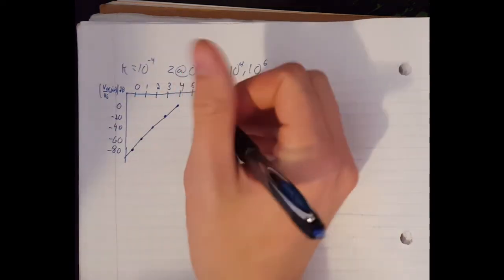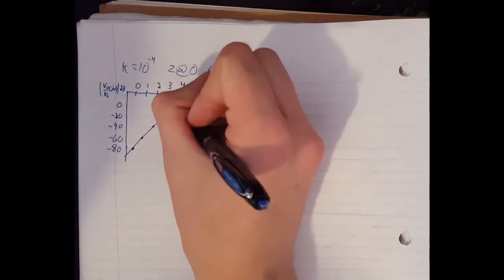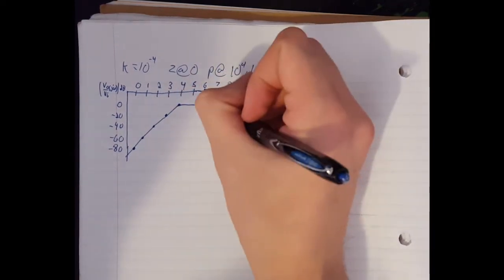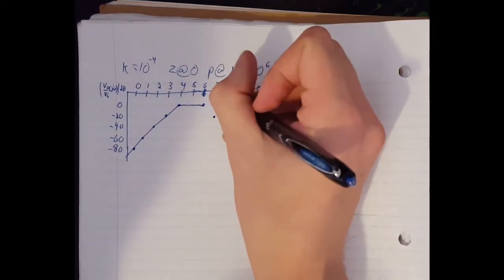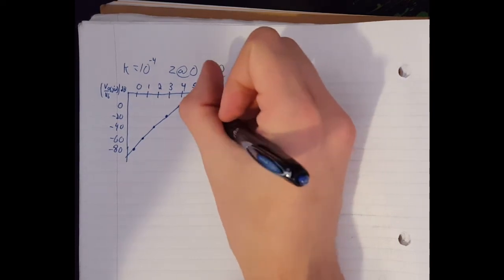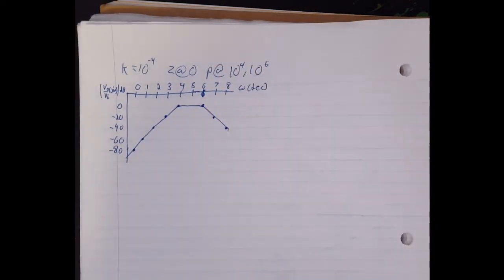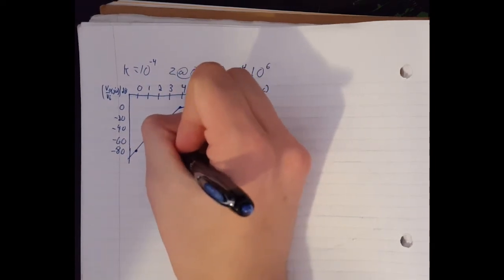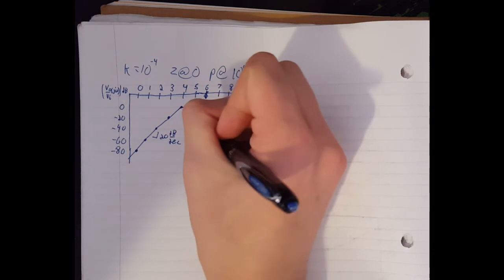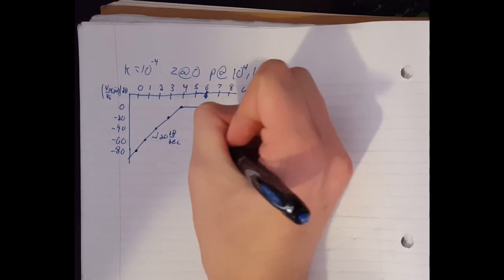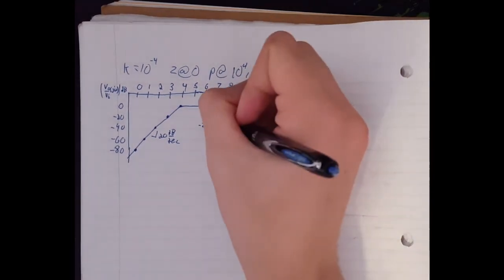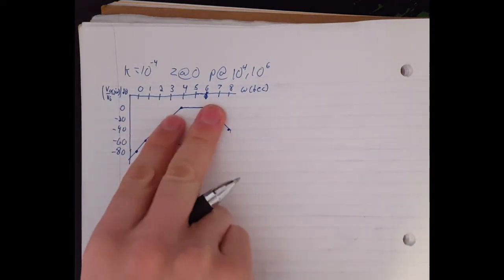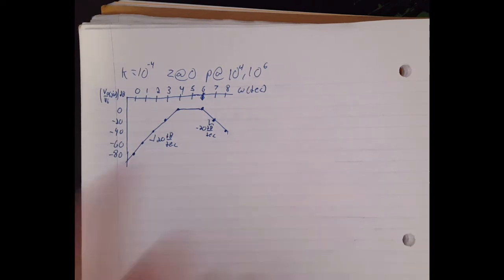Then the pole at the 4th decade evens us out until we hit the pole at the 6th decade. And then we start going down 20 decibels per decade. So this is 20 decibels per decade. This is negative 20 decibels per decade. So you see we have the same slope as the last one, it's different poles and different constant.